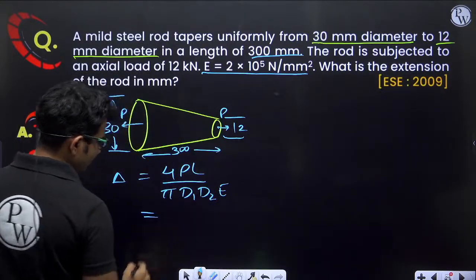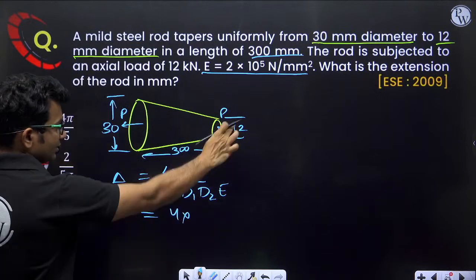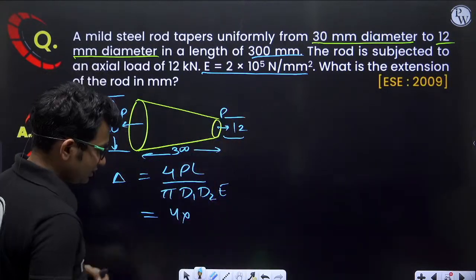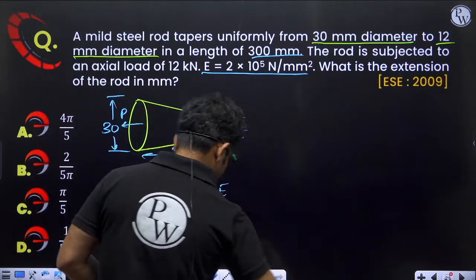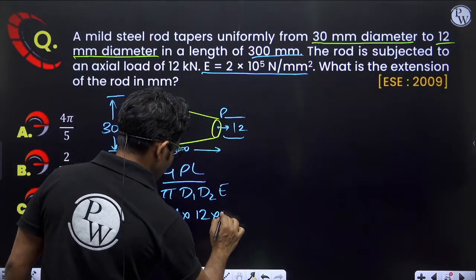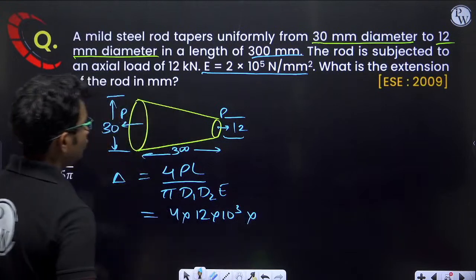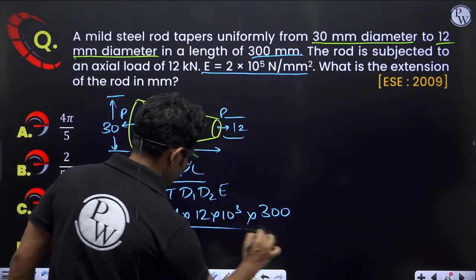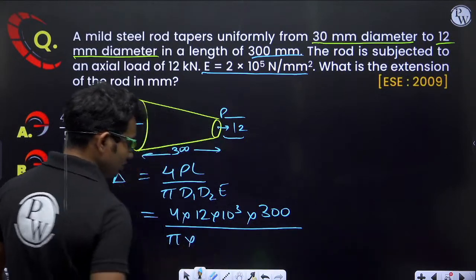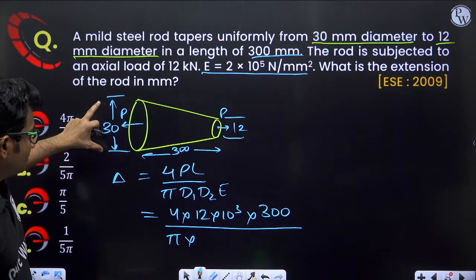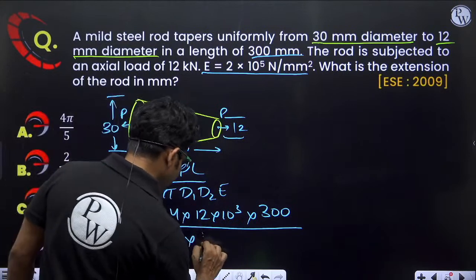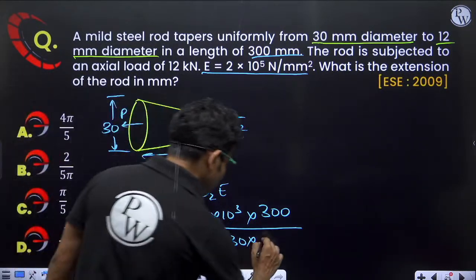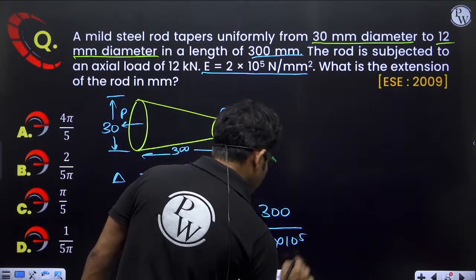So 4 into P, where force is given as 12 kilonewton, so 12 into 10 to the power 3, into length 300 mm, divided by pi. What is the value of diameter? Diameters D1 and D2 are 12 and 30. 12 into 30 are the diameters, and Young's modulus is 2 into 10 to the power 5.